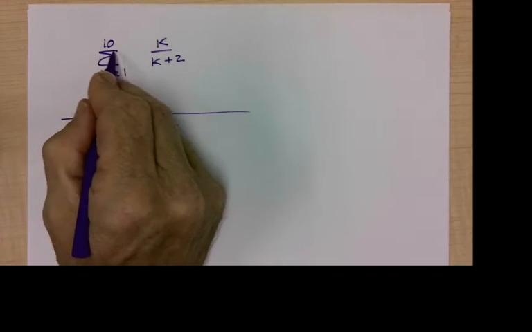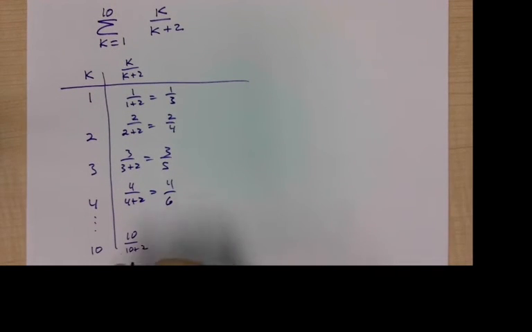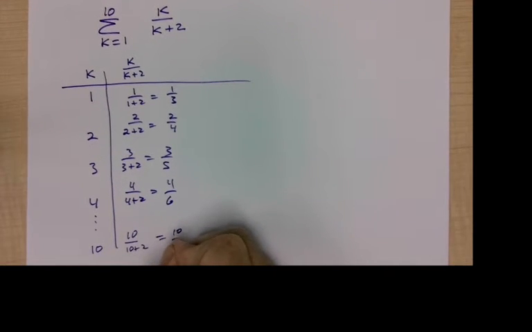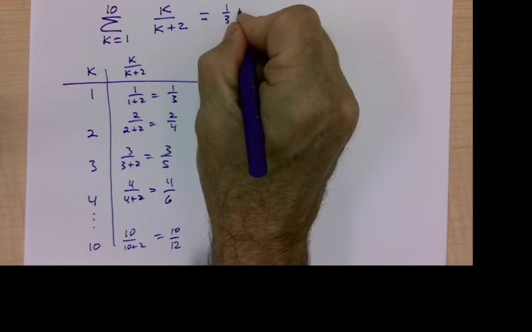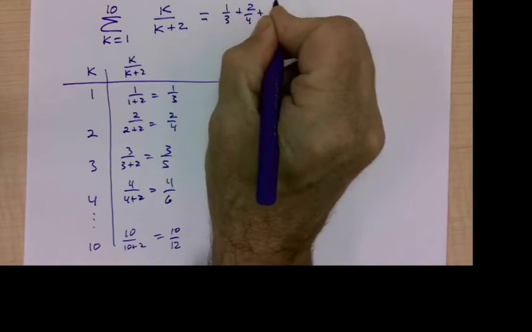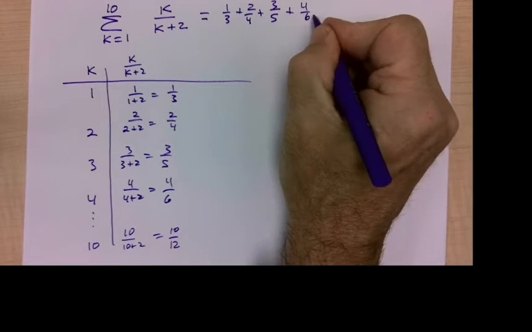Now this notation means add all of them up until we get to 10. When we get to 10, that would be 10 over 10 plus 2, which is 10 over 12. So I would actually have to write all these out: 1/3 plus 2/4 plus 3/5 plus 4/6.